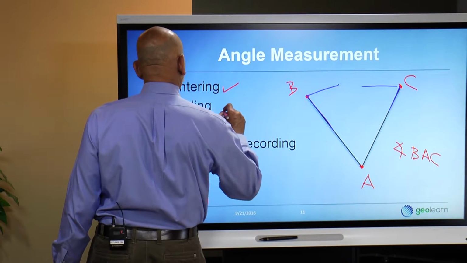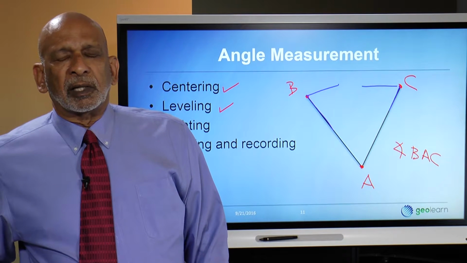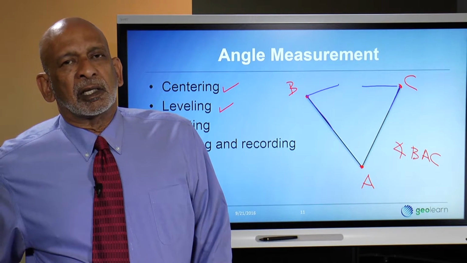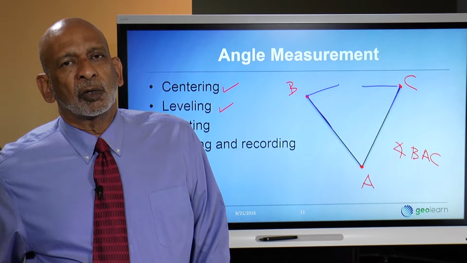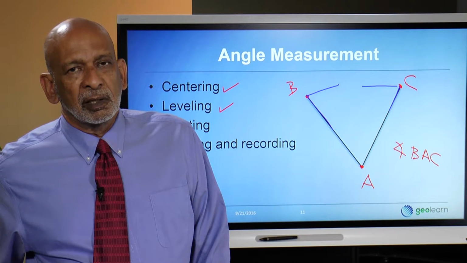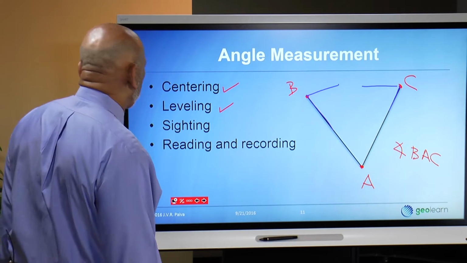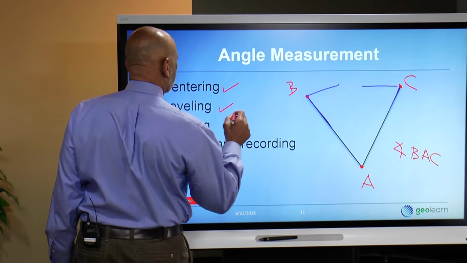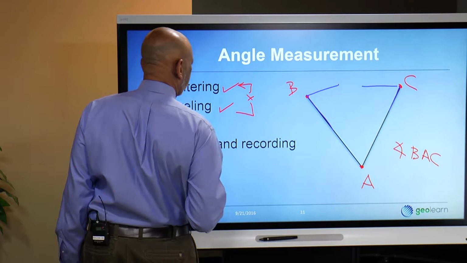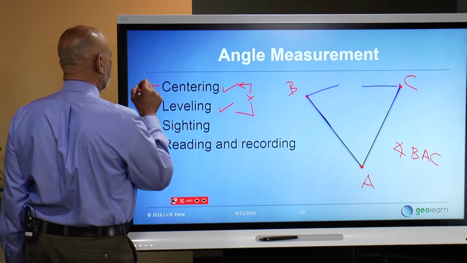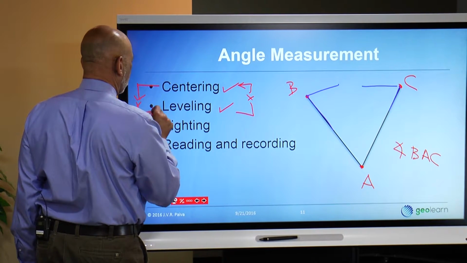So the other thing that has to be done is that you need to level up the instrument. You need to level up the instrument to make sure that at least the two-axis or single-axis compensator system can go to work. And that means that in the process of leveling, if you've already centered the instrument, it will throw off your centering. And as you recenter, you'll find that the recentering throws off your leveling.